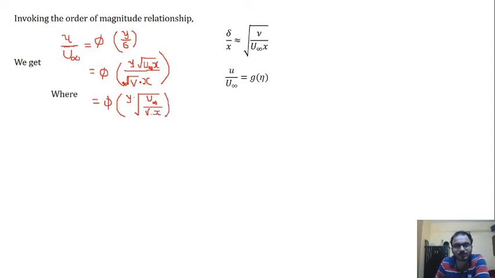What we have done over here is, instead of y into square root of u infinity upon nu x, we have put eta, sorry, here we have put g of eta.